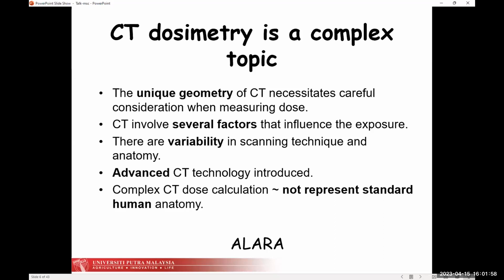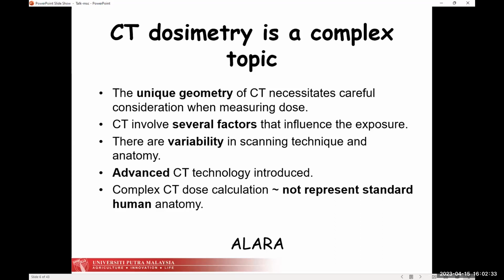And with the advancement of CT technology, it has become much more difficult to get an accurate dosimetry profile because of the introduction of wider cone beam CT, which is exceeding the length of the ion chamber, which is 100 millimeter.